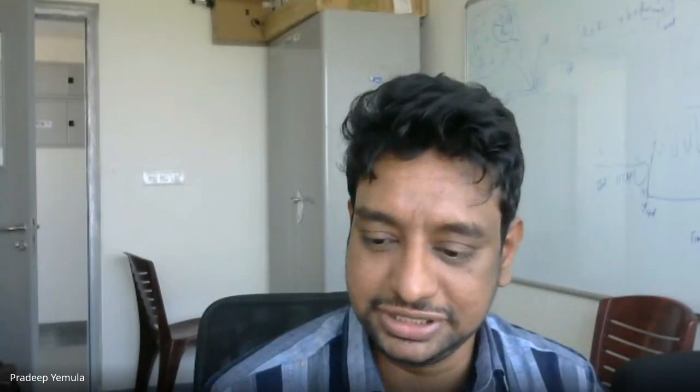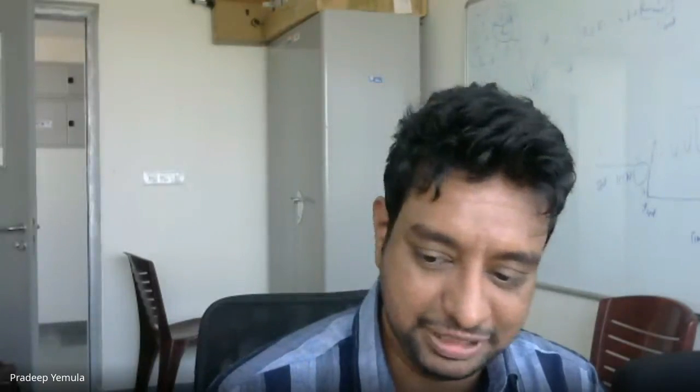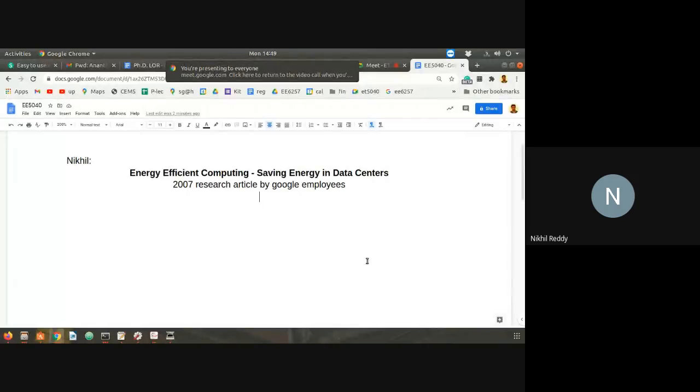So Nikhil, do you want to add something to what you just said? I can add a couple more points here. Definitely, go ahead. One thing people have found at the software level is that multi-threaded, concurrent code is much more energy efficient than single-threaded code.